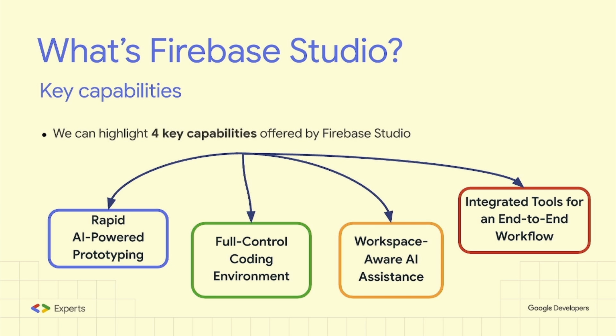This is the workspace-aware AI assistant. While you are building your application, you can chat with the AI code assist to help you build and refine your first prototype or your whole application. And it's also an end-to-end workflow. You start building, but it's integrated with many capabilities of GitHub.